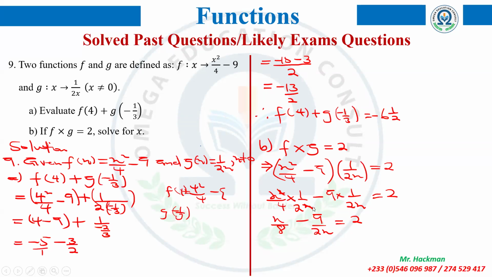So now you simplify on this multiplying. I've told you before you multiply, check if you can reduce. Here you have x squared and here you have x, so that will cancel one of the x. So this will be left with x over 4 times 1 over 2. The numerators multiply, x times 1 gives us x, then 4 times 2, the denominators also multiply, gives us 8. So that gives us what we have here. Is it clear now?